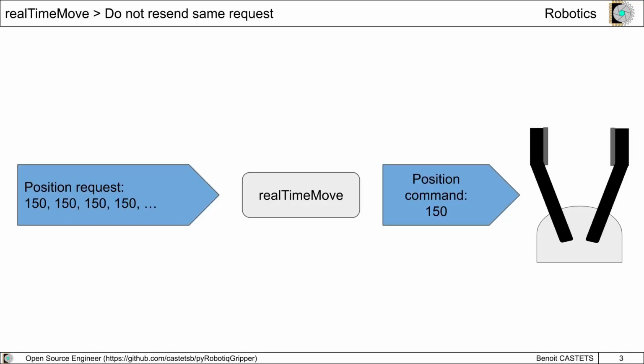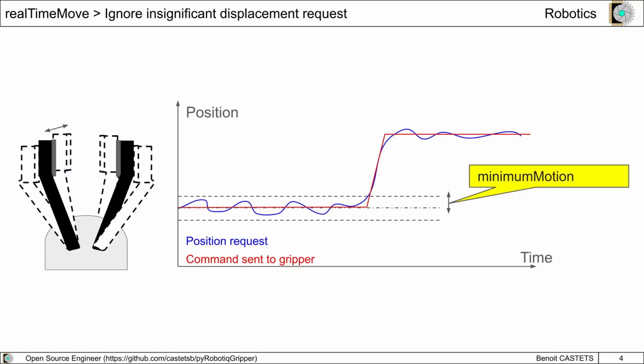So one feature first, to save the communication bandwidth that we have with the gripper, is that we don't send twice the same command. So there is a kind of filter that prevents this from happening. Then also there is a feature with a minimal motion parameter.